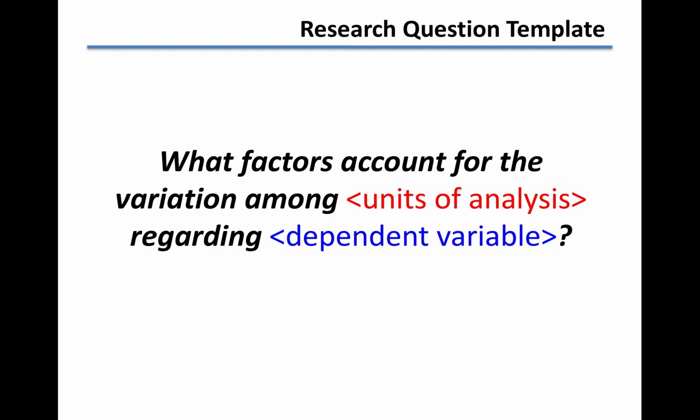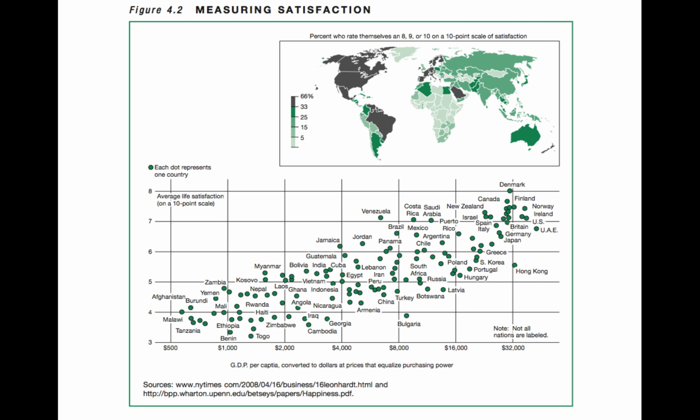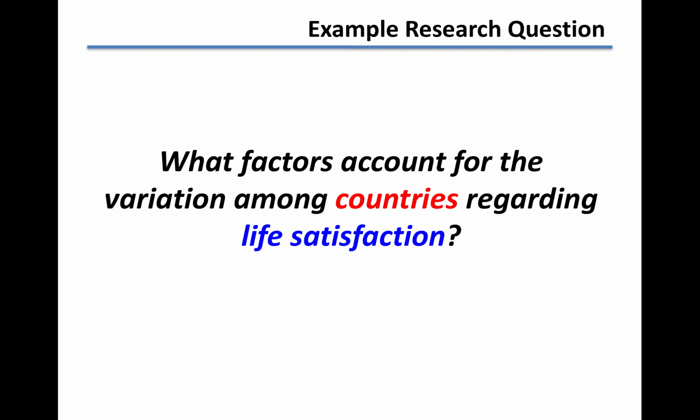So, the kind of research question that would fulfill all of those objectives would be something like this. What factors account for the variation among units of analysis regarding insert dependent variable? And if we go back to our scatter plot, the way that we would fill in this research question template would be: what factors account for the variation among countries regarding life satisfaction.